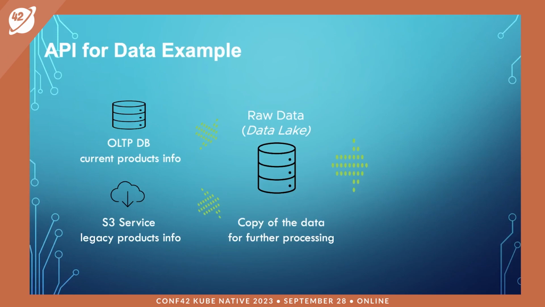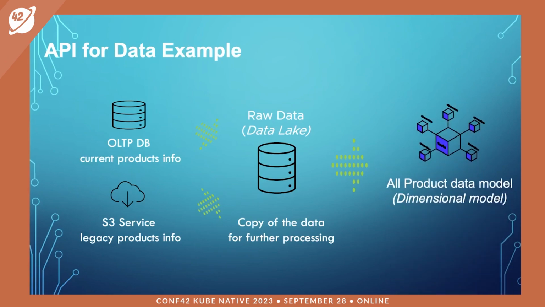This often lately means databases like Snowflake, Redshift, and so on, not necessarily just blob storage. And now we still want to expose a more processed, combined product view that we guarantee contains all the necessary product data. So let's call it our product data model, which in this case has two datasets, but you can imagine it could get much more complex.